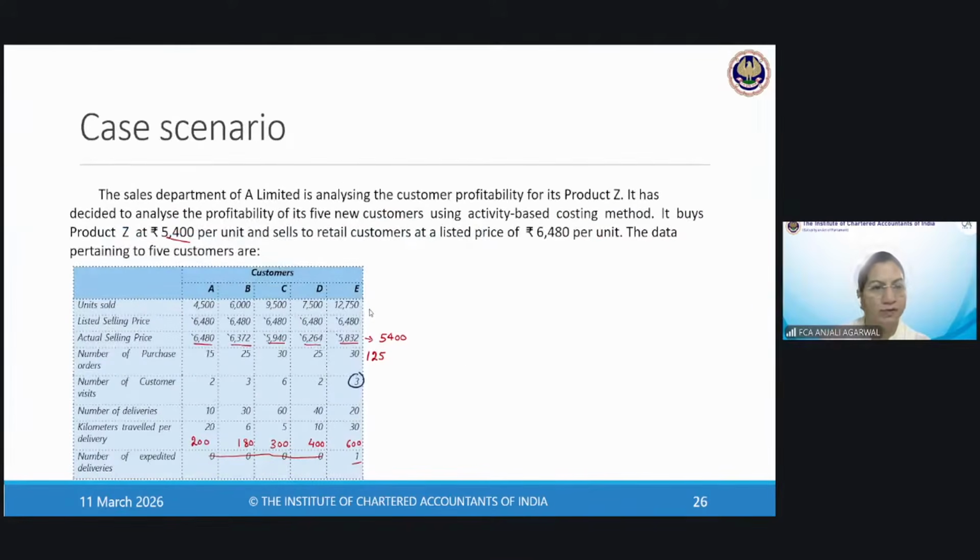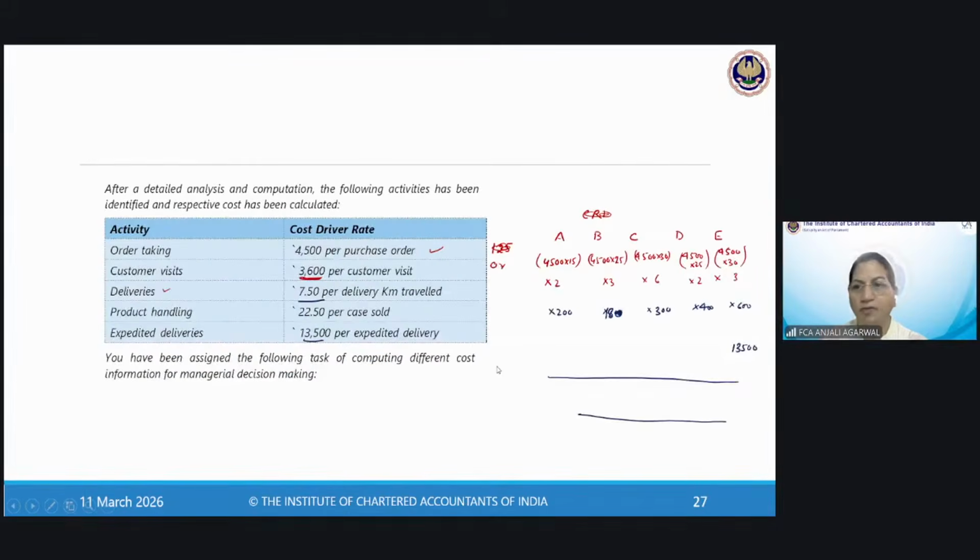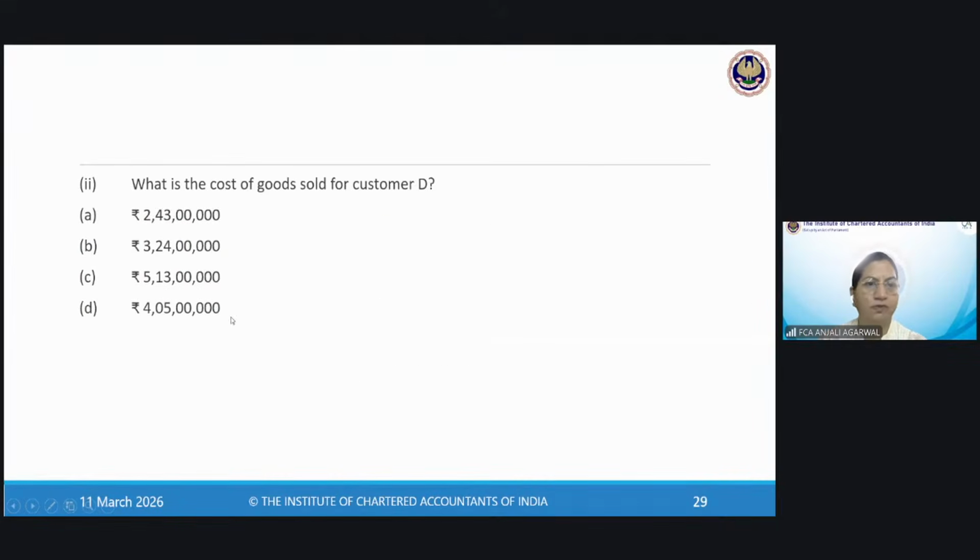So for customer D, 7,500 units are sold. Cost of goods sold will be 7,500 into 5,400. This is the total raw material cost. Apart from this, whatever the total of overheads come here, that you will add, that will become the cost of goods sold for customer D.